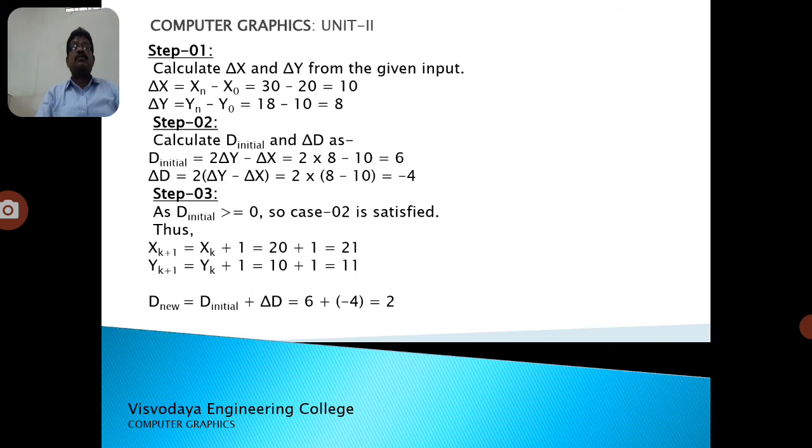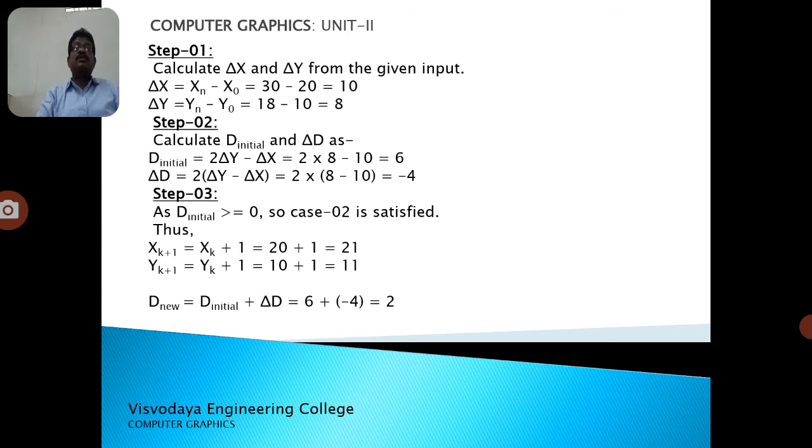Delta x equals xn minus x naught, 30 minus 20, that is 10. Delta y equals yn minus y naught, that equals 18 minus 10, that equals 8. So coming to the d initial value: d initial equals 2 into delta y minus delta x, which equals 2 into 8 minus 10, which equals 6.